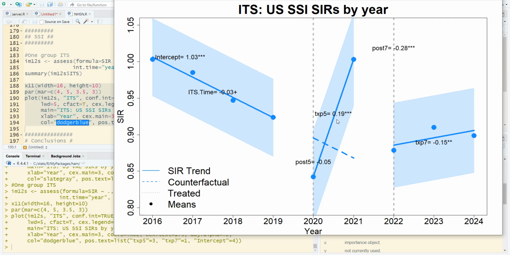But in that middle period, we do see an increasing rate, and we see an increasing rate between 2022 and 2024. However, we do get a coefficient value that's negative 0.15. TXP7 equals negative 0.15.